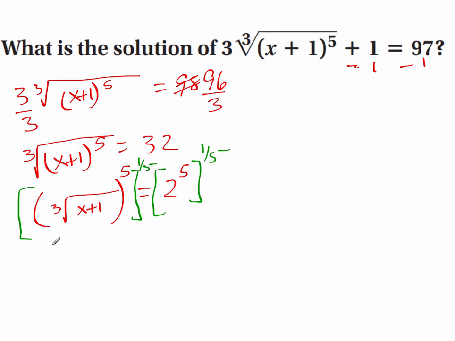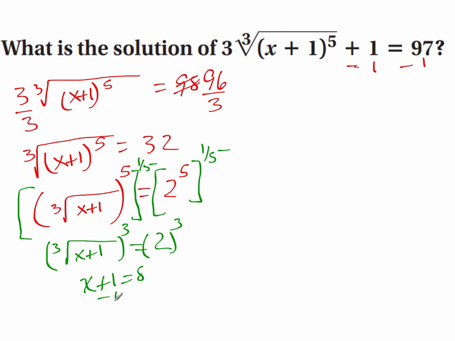So those cancel, and I'm left with the cubed root of x plus 1 is equal to 2. To get rid of the cube root, I'm going to cube both sides. So I have x plus 1 is equal to 8. Subtract 1. X is equal to 7.